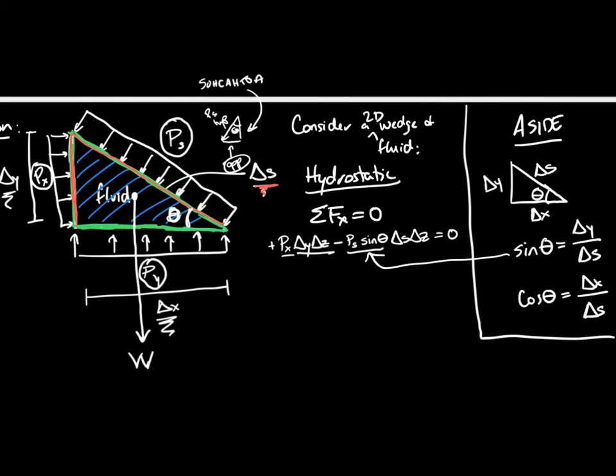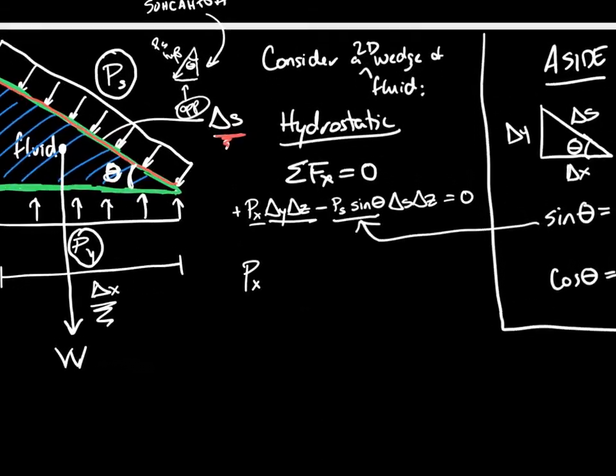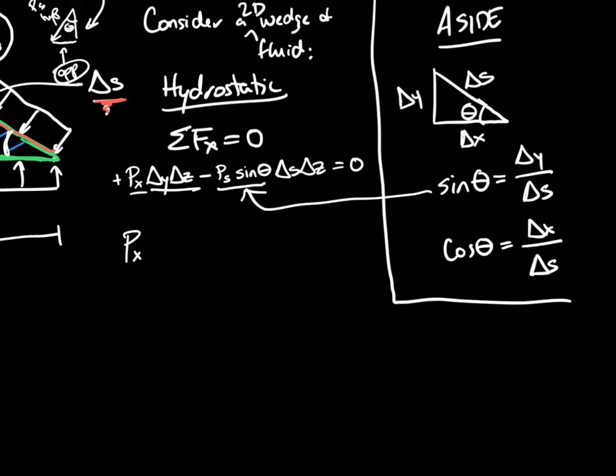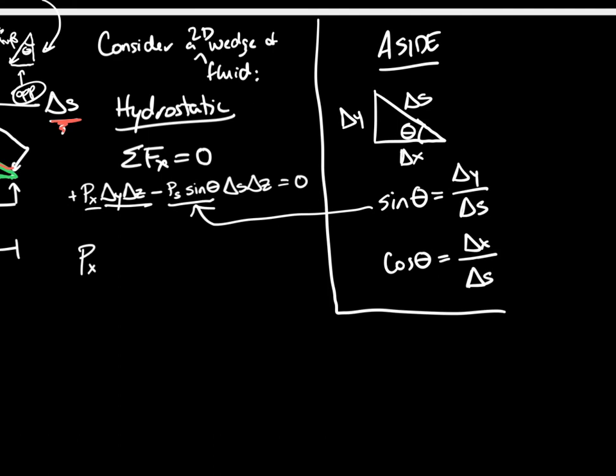I'm going to end up getting px. Let's zoom in a little bit, because now we're doing just some algebra, so we don't even need the shape for the moment. Delta y, delta z, minus ps times the sine of theta, which is delta y over delta s. Oh, that's nice. It looks like stuff's going to cancel out.